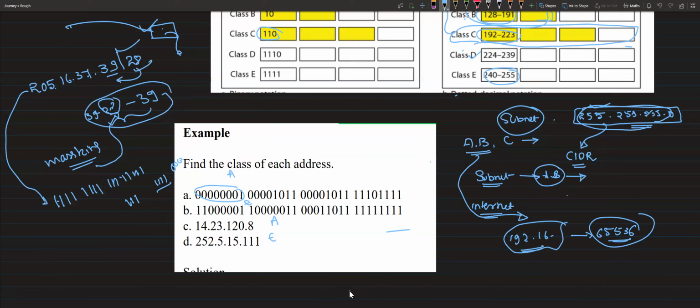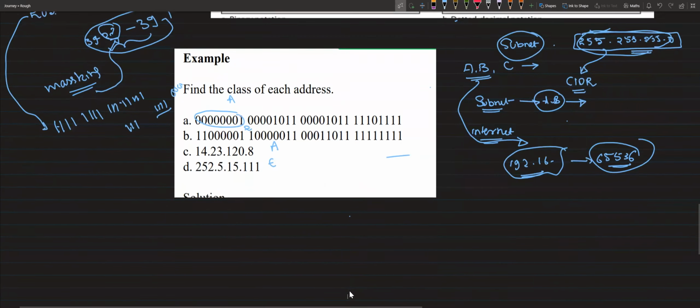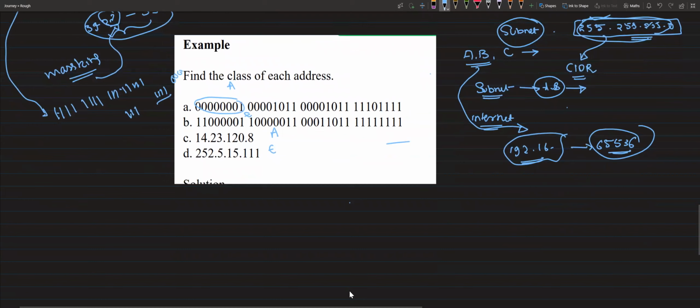So we'll take one problem. An internet service provider, ISP, is granted a block of addresses starting from 190.100.0.0/16. This address space has to be distributed among 3 groups of customers as follows.